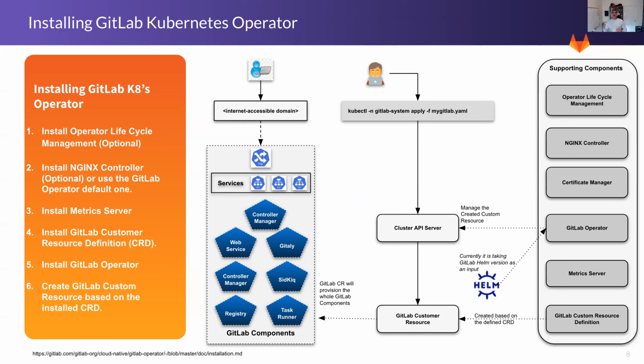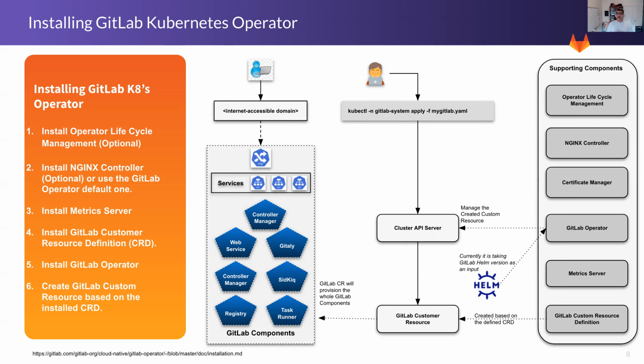Again, install the Nginx controller. The GitLab operator itself comes with a default Nginx for deployment, or you can use your own Nginx controller if you decide to do that. And it's easy to point the operator to use that Nginx when creating the GitLab custom resource.